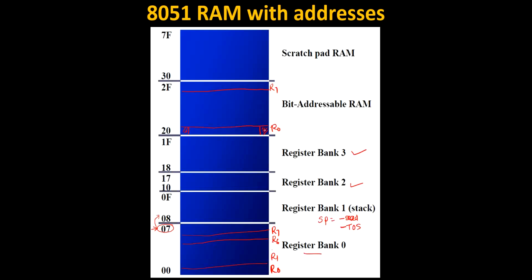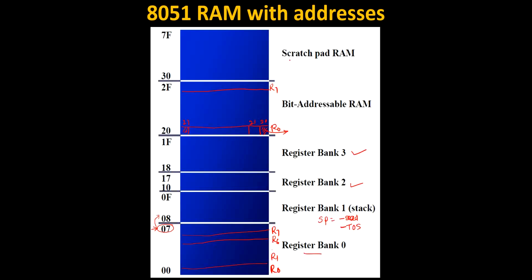20, 21, 22, like that until 27. This data I need to take bit by bit, we'll come to that later: what the bit addressable areas are, and how you access that bit through the instruction.